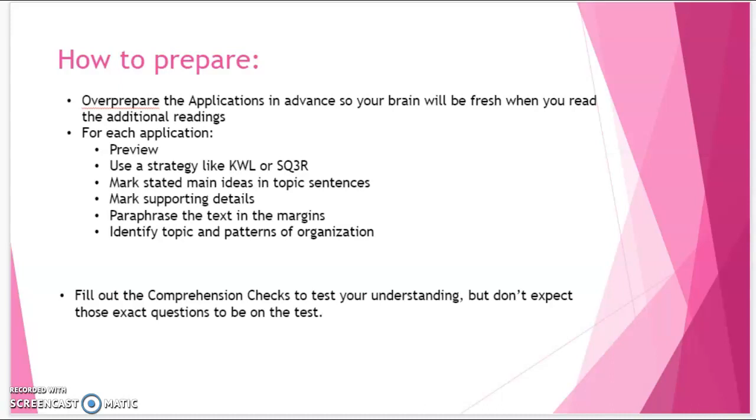If you have an electronic text, you can use an annotation program. There's some good ones in Google Docs. I'd also recommend that you mark supporting details and that you paraphrase, or put in your own words, the most important information in the text and rewrite it in the margins of the book or on a separate document.